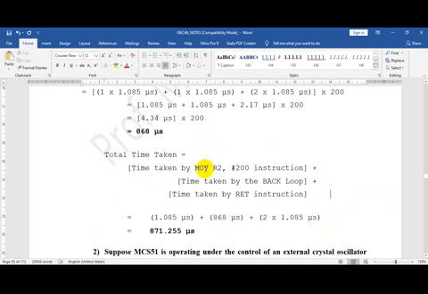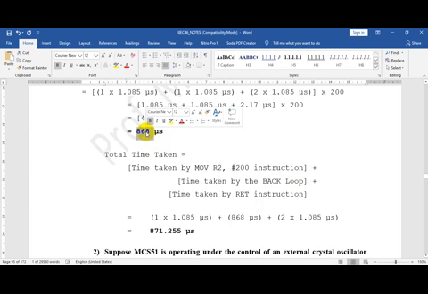What is the time taken by the MOV instruction? It is 1 into 1.085, because this instruction takes 1 machine cycle, plus the time taken by the back loop, 868 microseconds, which we have calculated here, plus the time taken by the return instruction, 2 into 1.085.